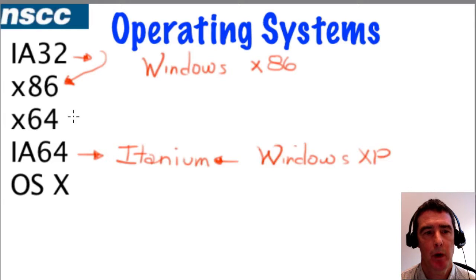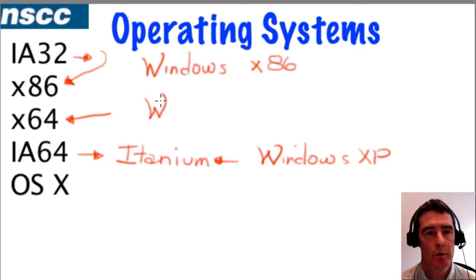Now, all CPUs today are capable of running this x64, this enhanced 32-bit operating system. That is, today's CPUs from Intel all support the 32-bit instruction set plus these 64-bit extensions that allow it to access more RAM than 4 gigabytes.